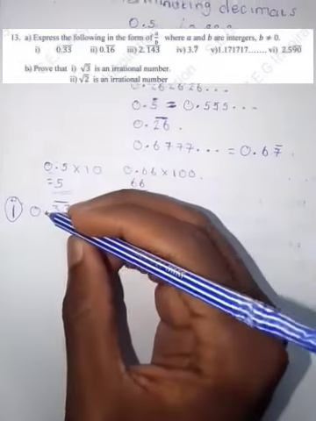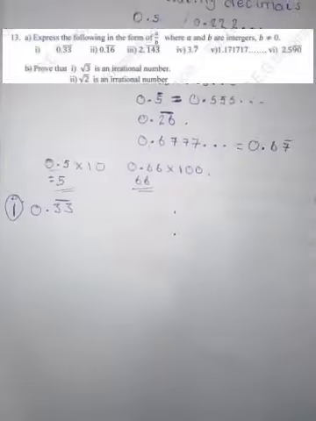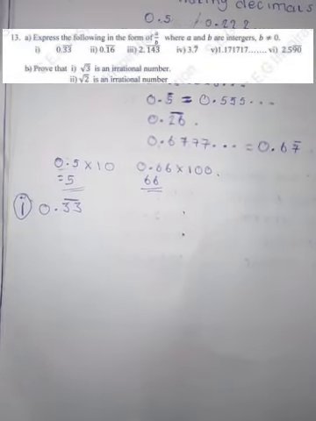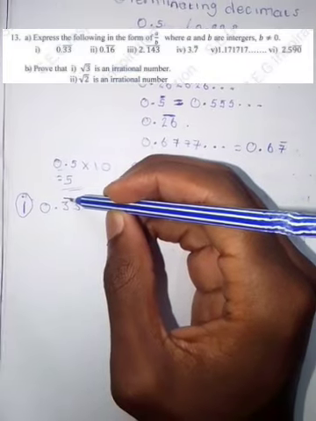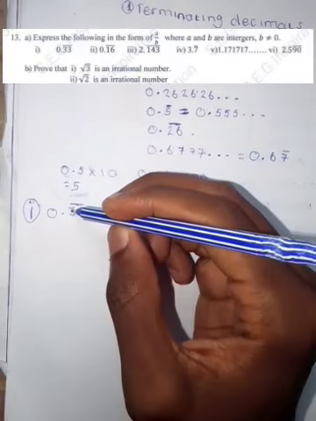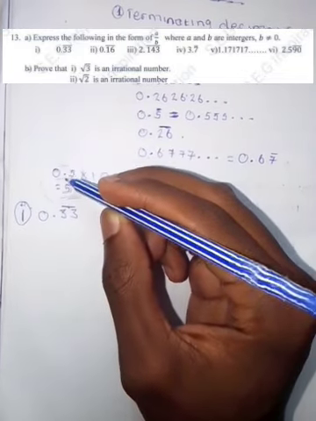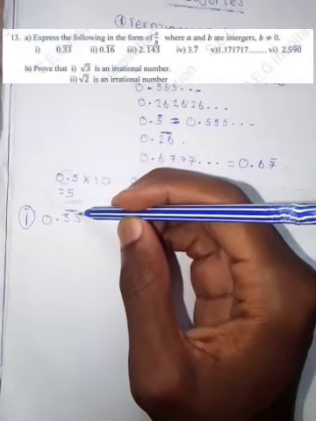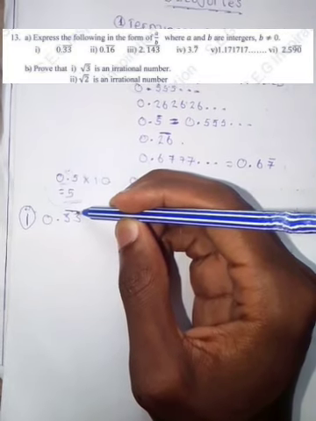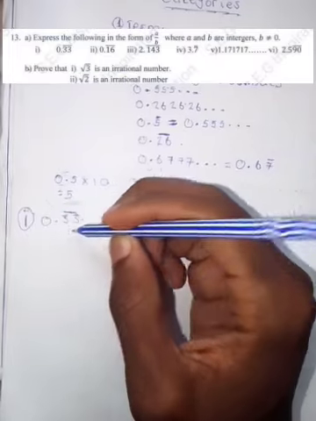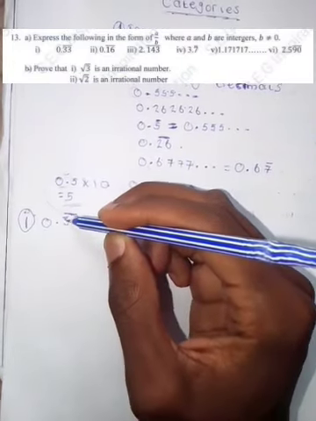This simply means that 33 is repeating itself. You remember this concept: if we want to take a number in decimal form to a whole number, our first aim will be to convert this number to a whole number.